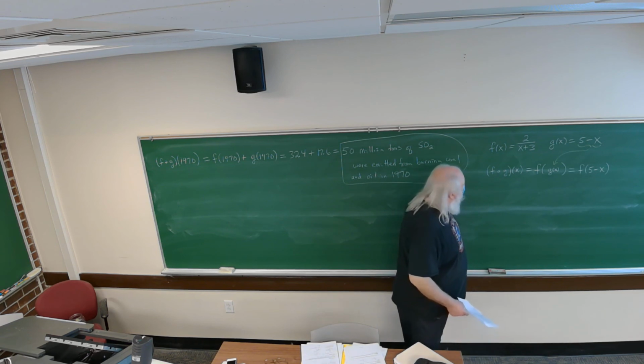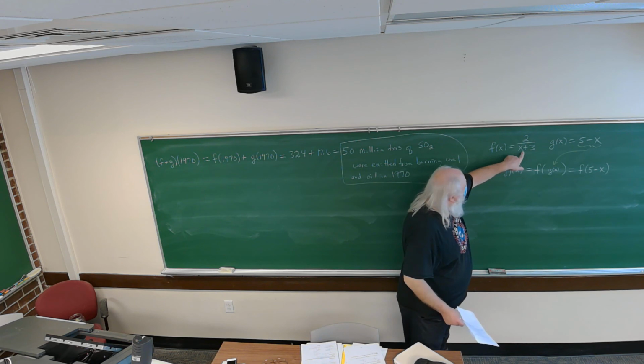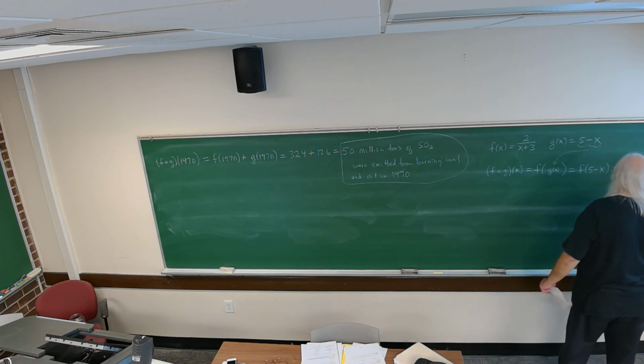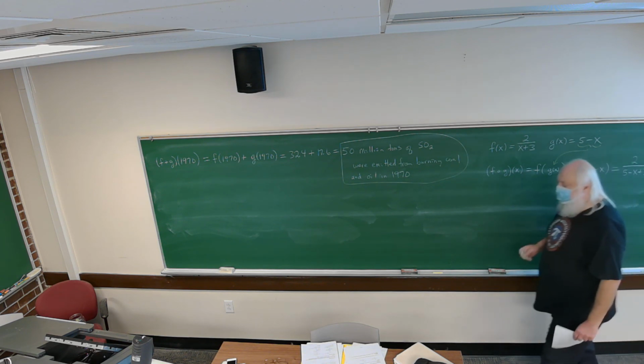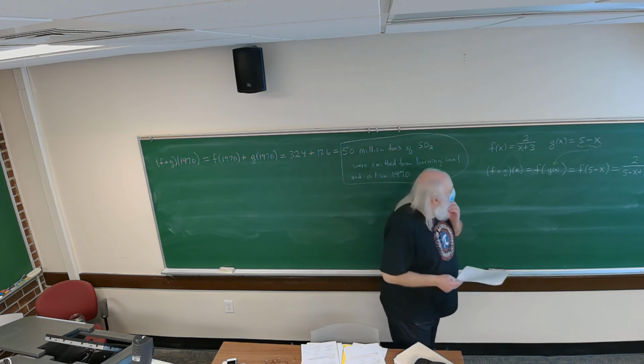Well, we know how to do that. You just replace x in f of x with 5 minus x. So when you do that, you have 2 over 5 minus x plus 3. And when you simplify, 5 plus 3 is 8, so you have 2 over 8 minus x. So that's the composition of the function f with the function g as a function of x. Okay?